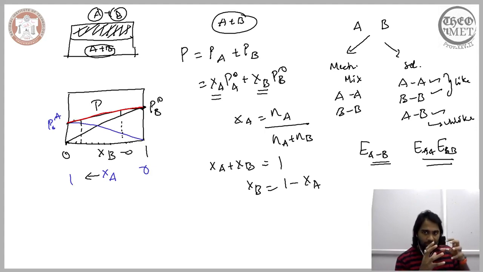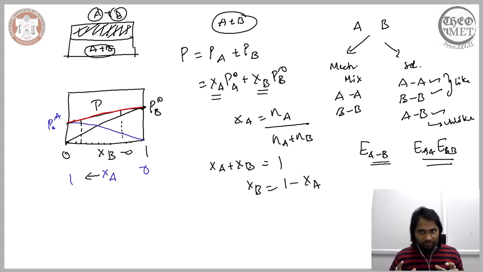So depending on the bond energy of the like and unlike bonds, the amount of components present in the vapor phase varies. Therefore, when you have a solution, a linear relation can no longer be expected. That is the gist of what we considered in our previous lecture.